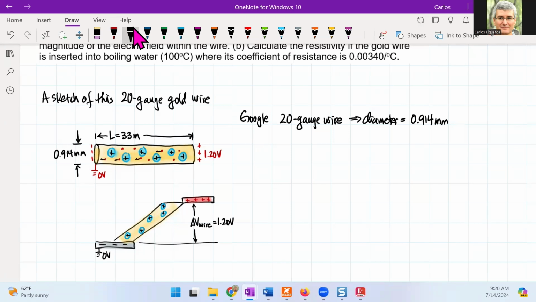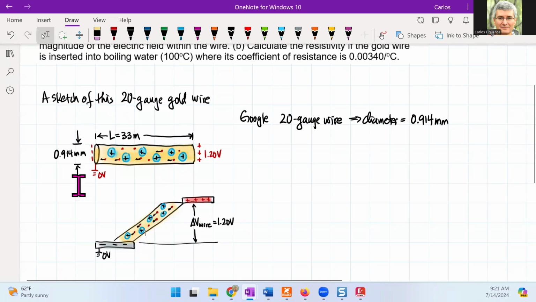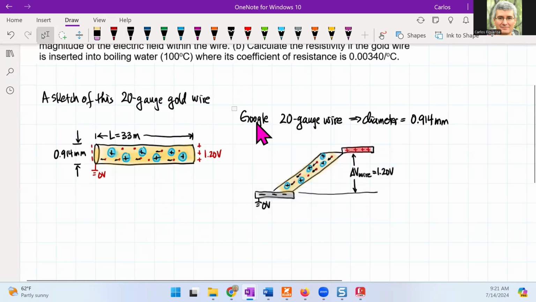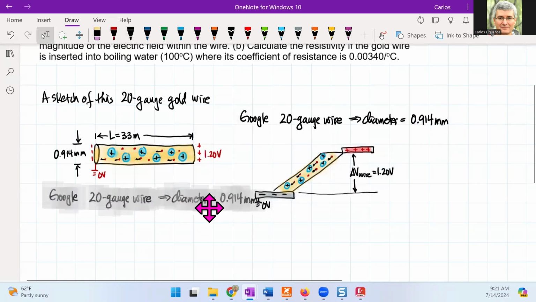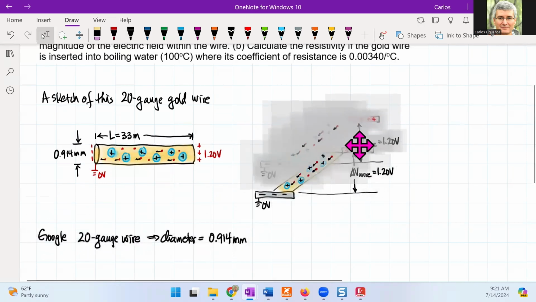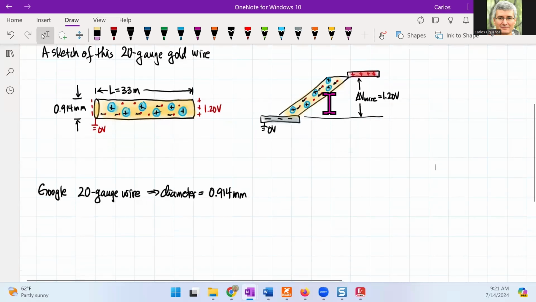All of these charges simultaneously start moving. You can't really see that. You have to kind of imagine this, but on the incline, we could see that they're sliding down the incline. They have no choice. And then, of course, they start all the collision process that goes on. So I'm going to bring this guy over here, and I'm going to bring this Google thing down here. So these are two equivalent pictures. I prefer the one on the right.